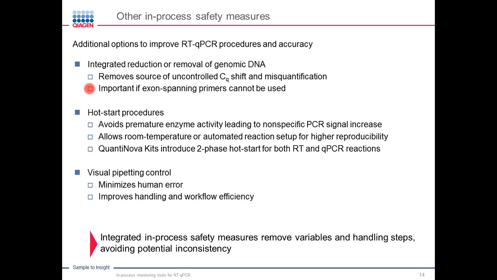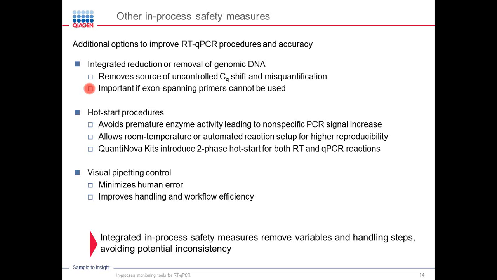So the best strategy to avoid this issue is obviously to create primers that span intron-exon borders, but this is not always possible, and if we can't design primers like that, then we always have to deal with the genomic DNA. It's strictly recommended to remove it as well, if you're looking into things like the MIQE guidelines I mentioned earlier.